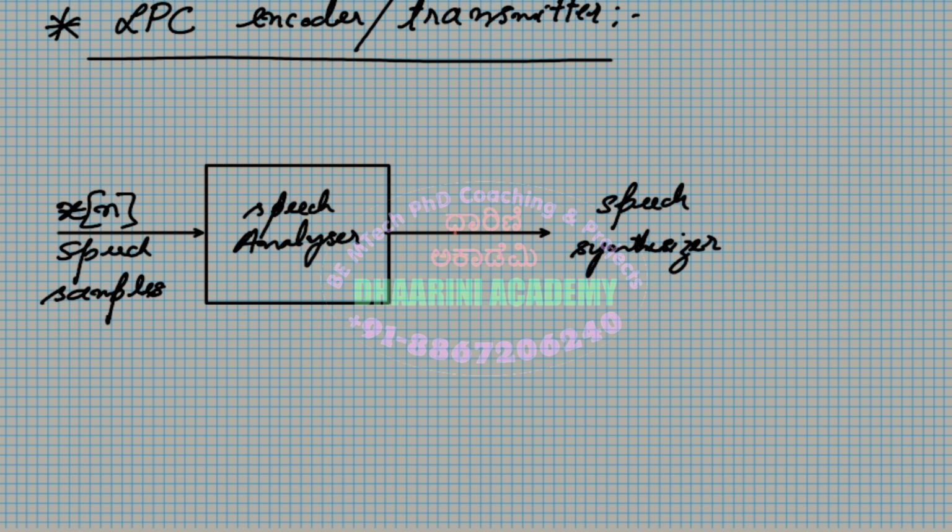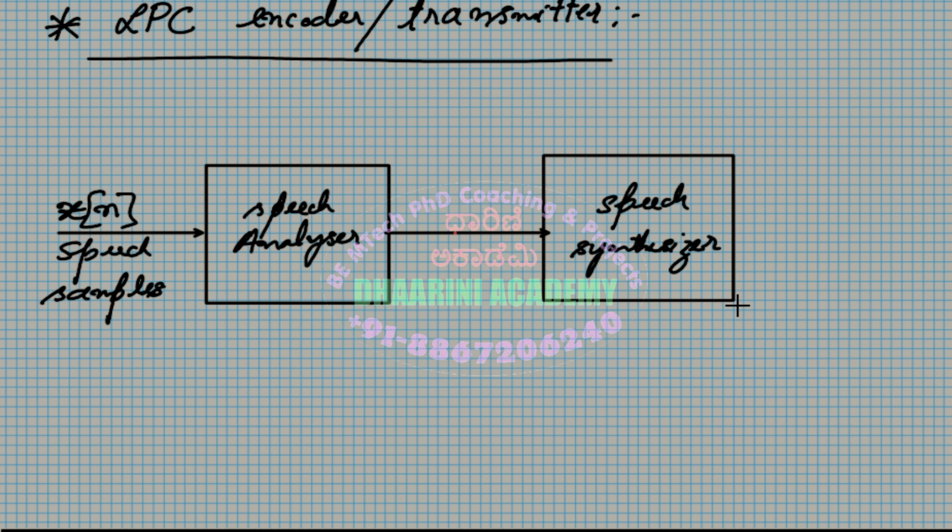There is an analyzer part followed by a synthesizer. The analyzer basically provides the speech parameters. Now we got certain parameters, and we'll use them for another purpose as well. So I'll take a signal from this point at a later stage.